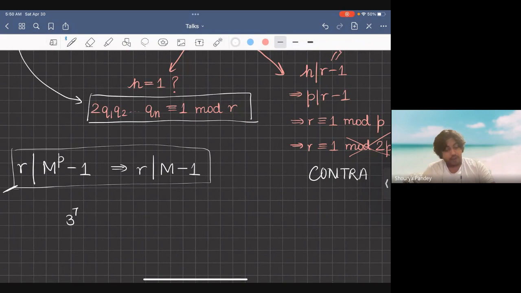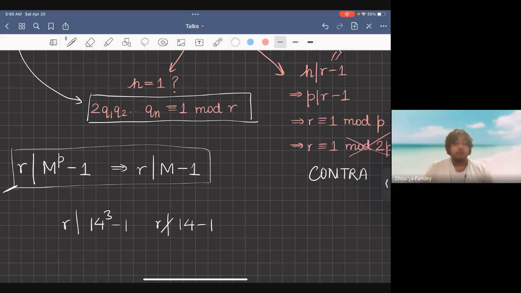How will you find a prime factor of, sorry, I'm just trying to find some good example. 14 cube minus 1, which is not a prime factor of 14 minus 1.